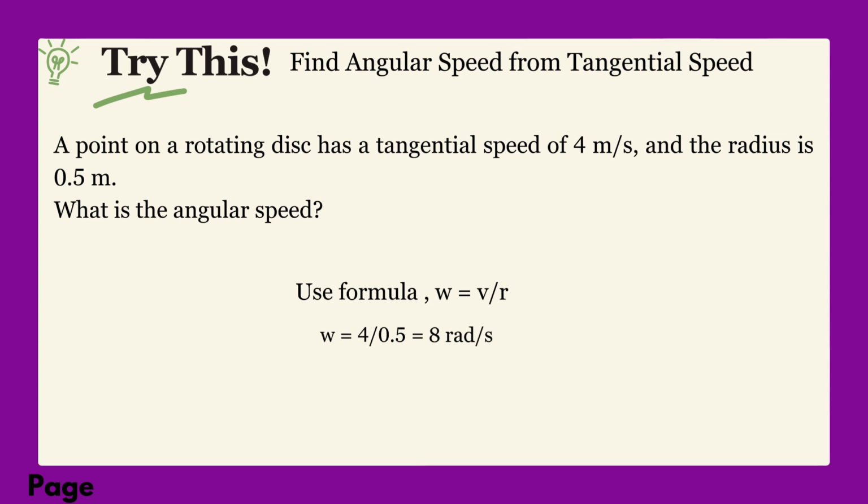To solve this question, we use the formula omega equals V over R, where omega is the angular speed, V is the tangential speed, and R is the radius. So let's plug in the values. Omega equals 4 over 0.5, which equals 8 radians per second. That's the angular speed.